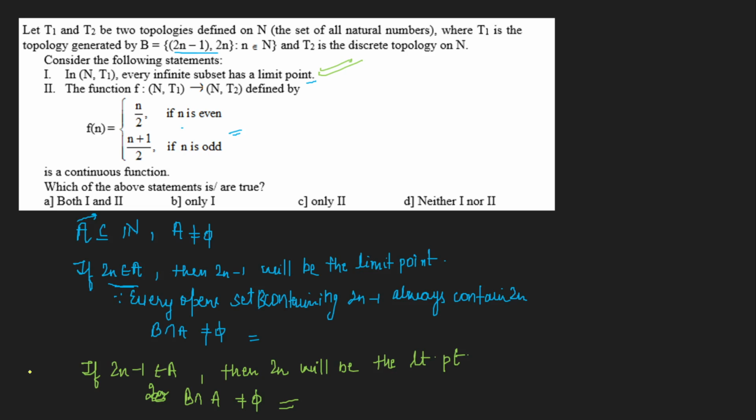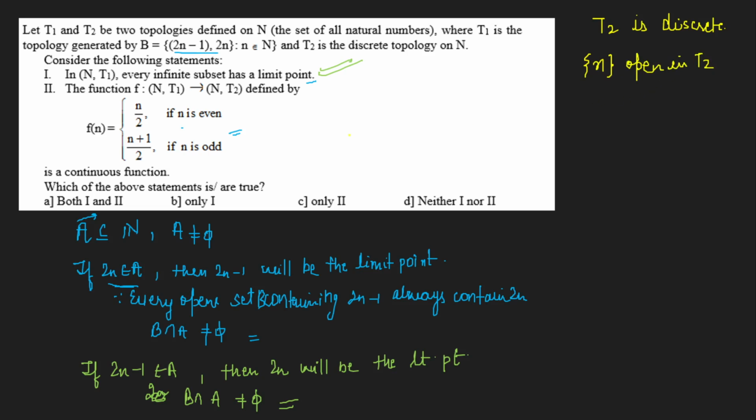It says that f, the function defined from T1 to T2, we have to check that it is a continuous function. So T2 is my discrete topology, right? T2 is discrete topology, so T2 has all the singleton sets open. So let's take this is my open set in T2, right?